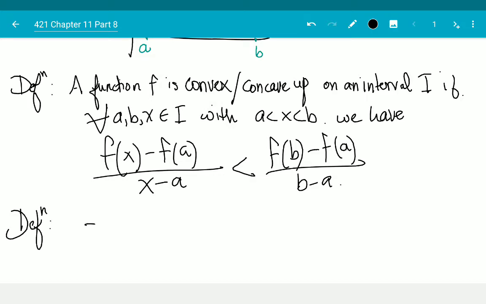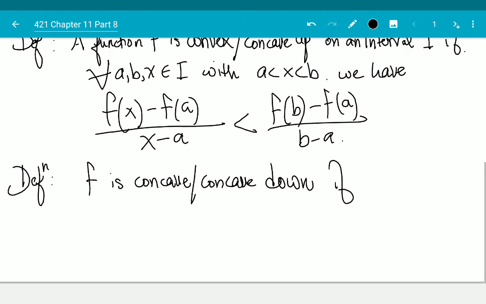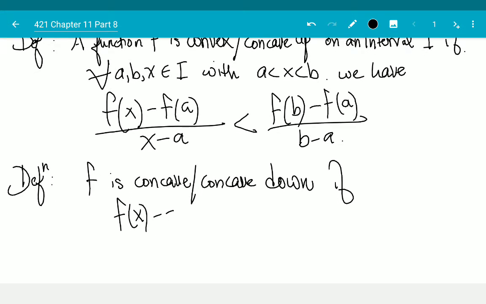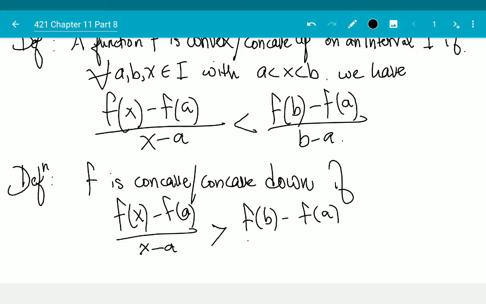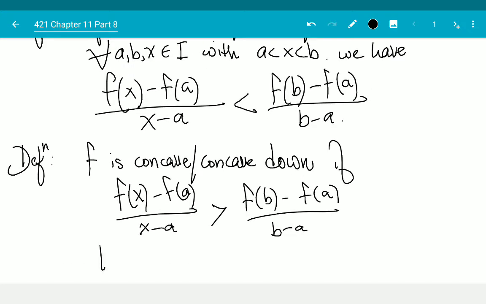Definition: f is concave, or concave down, if f of x minus f of a over x minus a is greater than f of b minus f of a over b minus a for a, b, x as above.